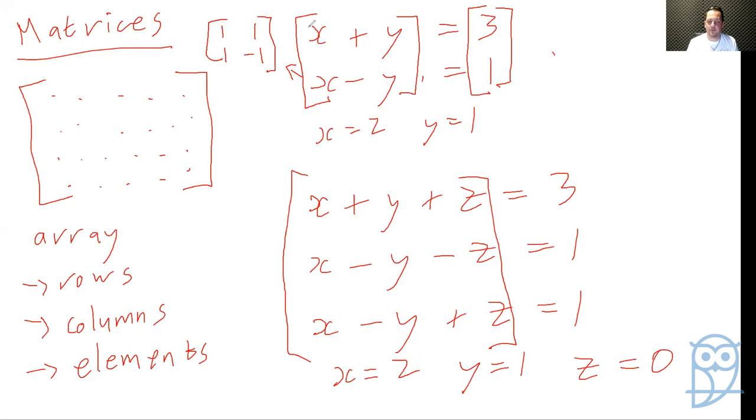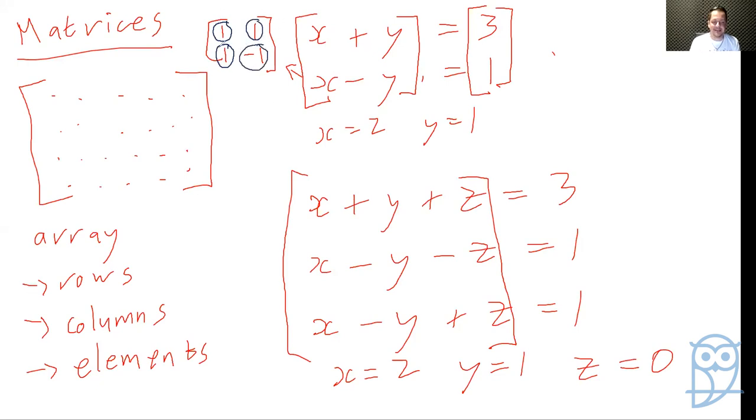And it's very important because there are 4 distinct elements in this. One element, one element, one element, one element.